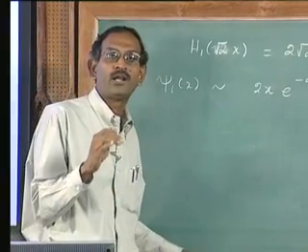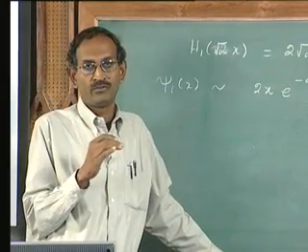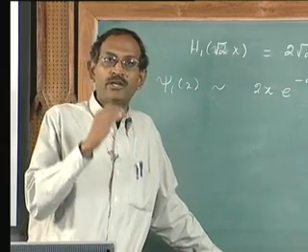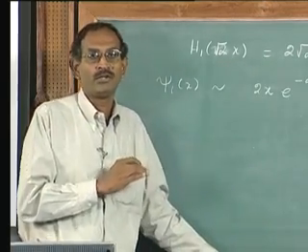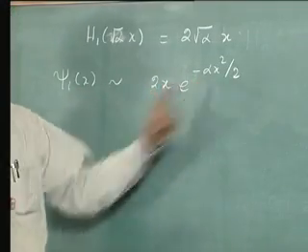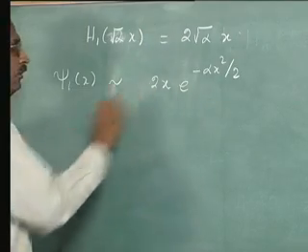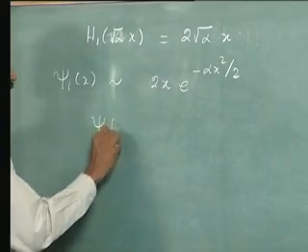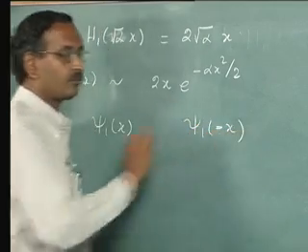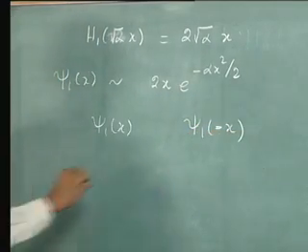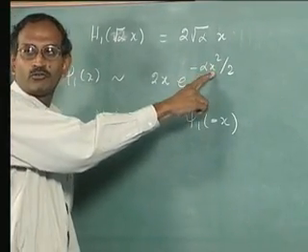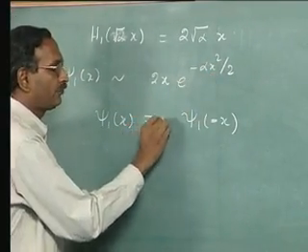We call it an excited state when the quantum number is not the lowest value. When the quantum number is 1 or 2, they are called the first excited, second excited, third excited state, and so on for the harmonic oscillator. If you were to plot this, you see that psi 1 of x and psi 1 of minus x are related to each other not by the same sign. The exponential is the same because it is x squared, but there is x, so the relation is minus.